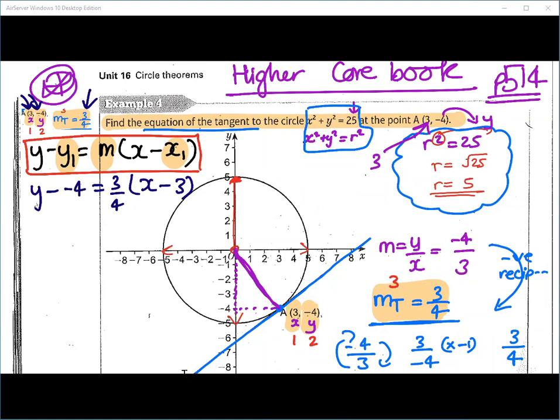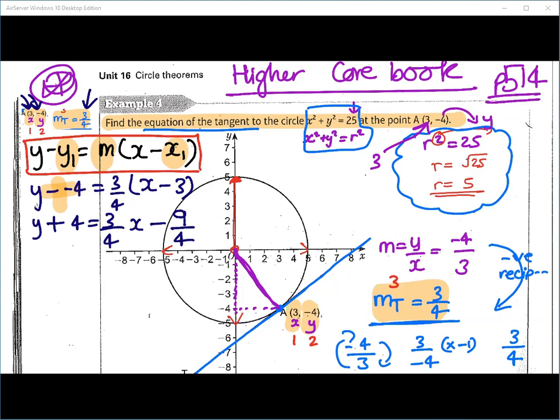Okay, now let's finish the question off. So the y minus -4 becomes y plus 4. The 2 minuses convert, they become a +4. They get transformed. Okay, next. 3/4 x minus 9/4.